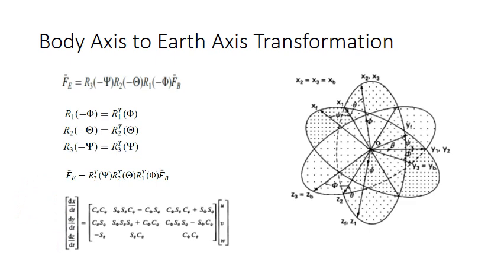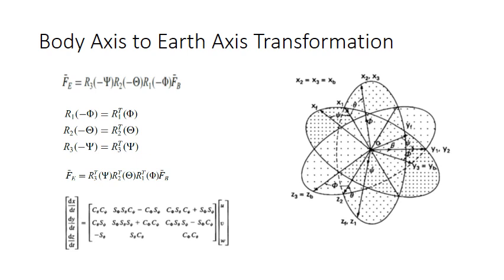Recall that u, v, and w are provided by the solution of the combined conservation of linear momentum equations and conservation of angular momentum equations, the six coupled differential equations, which were nonlinear also.